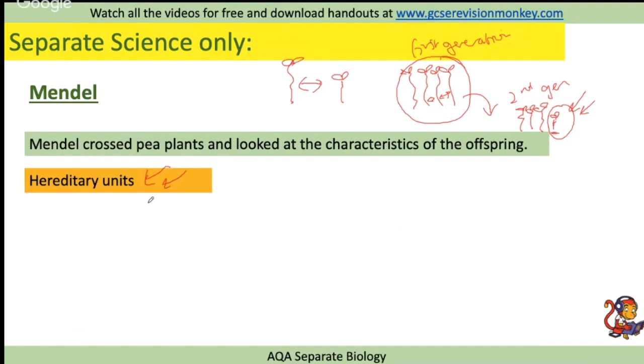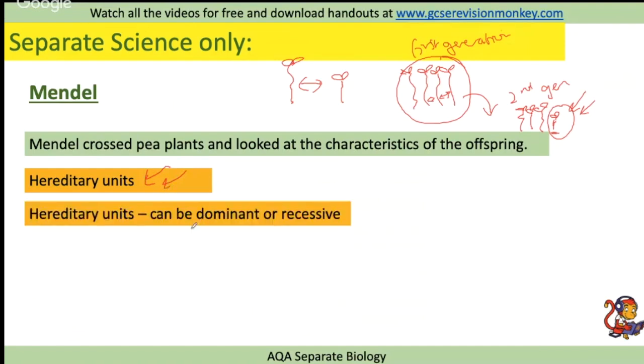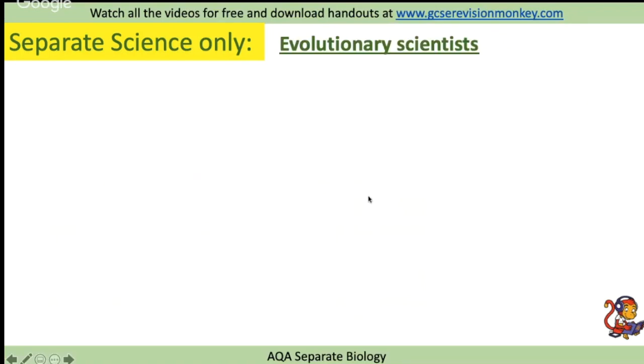So he just called them hereditary units, and he said that they can be dominant or recessive. So he was very much half of the way there in terms of genetics. He just didn't know about the genes and the alleles that were causing this recessive and dominant traits to be passed down.